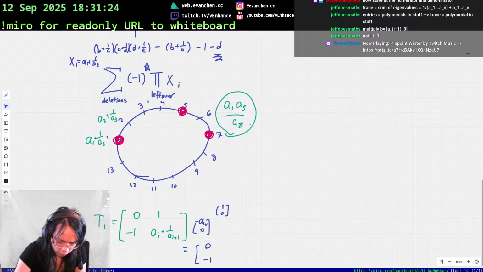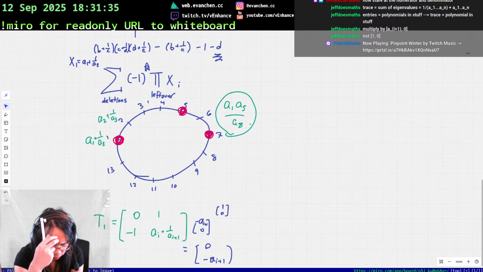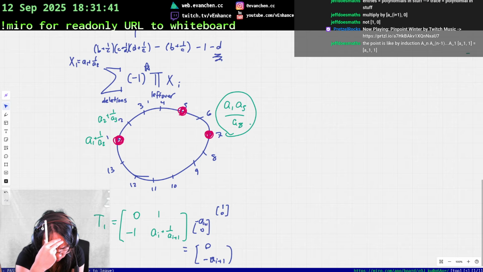Right, like what's going to happen is this will just be minus a, 1, 0. That's not an... Unless you're saying I keep applying it. Oh, are you saying it's not an eigenvector of the individual matrix and then I keep ping-ponging it? But then I feel like that should depend mod 2.